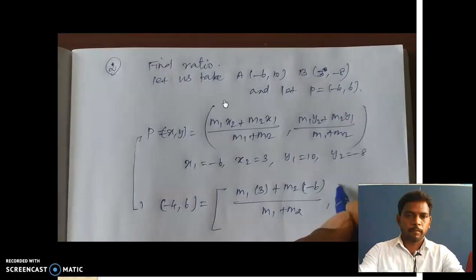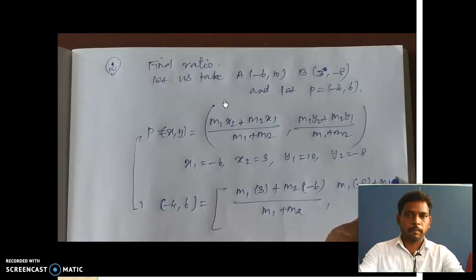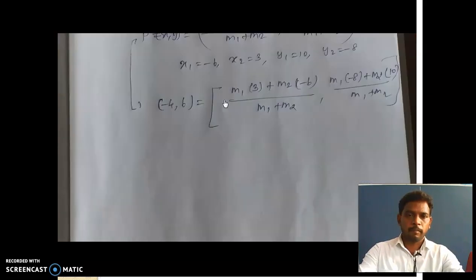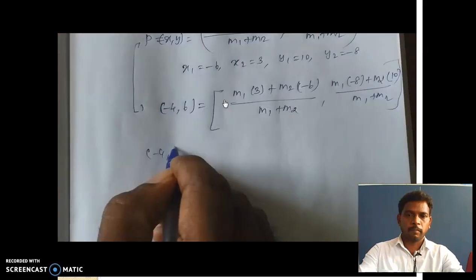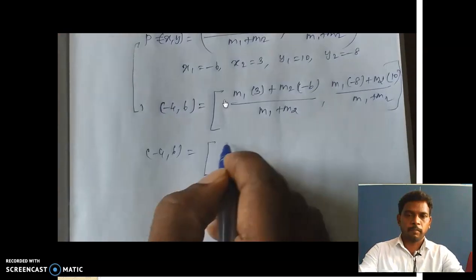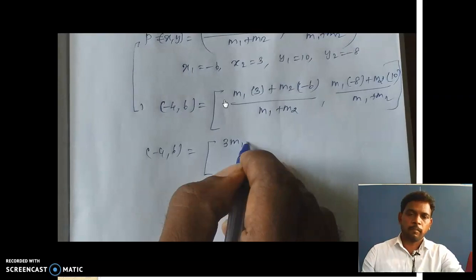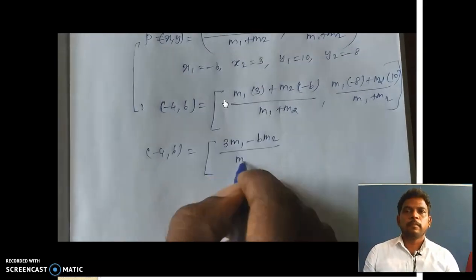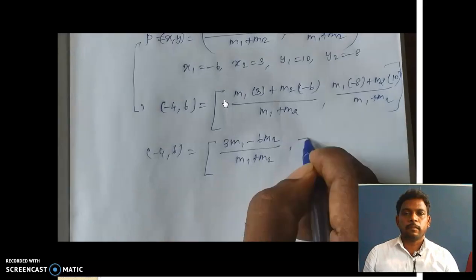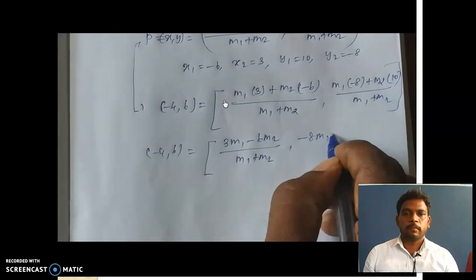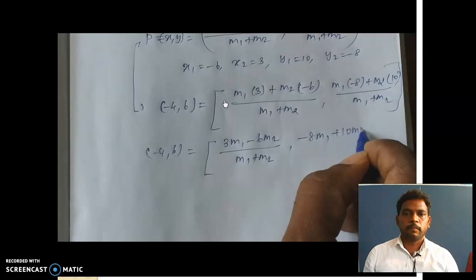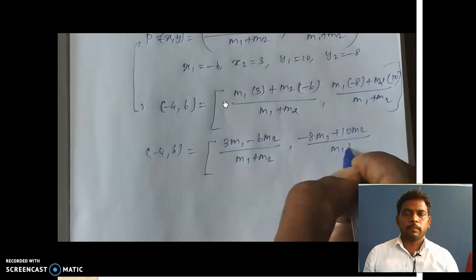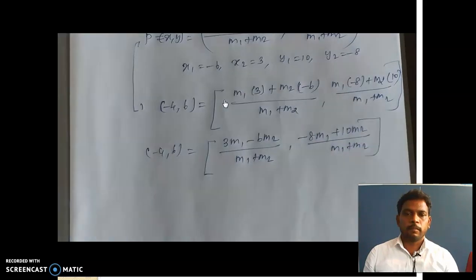Then again m1 with y2 value -8 plus m2 with y1 value 10, divided by m1 plus m2. Simplify now: (-4, 6) equals (3 m1 - 6 m2) / (m1 + m2), comma, (-8 m1 + 10 m2) / (m1 + m2). Now it is not possible to simplify further.